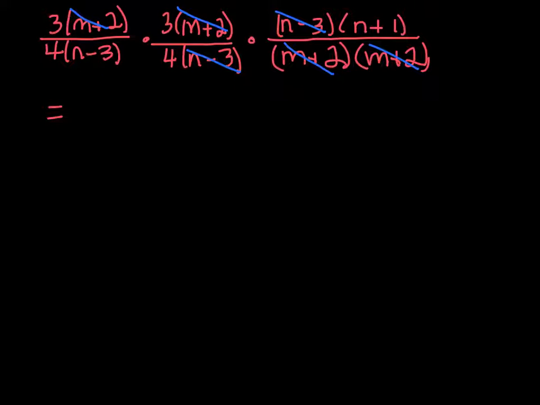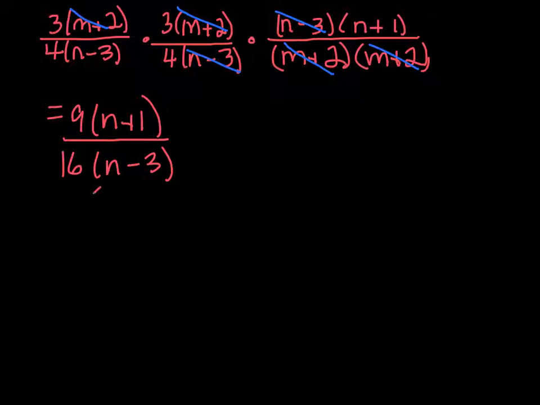All right, so then what we're going to do is we're going to do 3 times 3, which is going to be 9, times the n plus 1. And then in the denominator, we're going to do 4 times 4, which is 16, times the n minus 3. Now I always kind of do a double check here and just look to make sure, did I miss anything? Like, does anything go into 9 and 16, which there isn't besides 1. And n plus 1 and n minus 3, well, those don't cancel out either. And so then if that's the case, there's your answer.